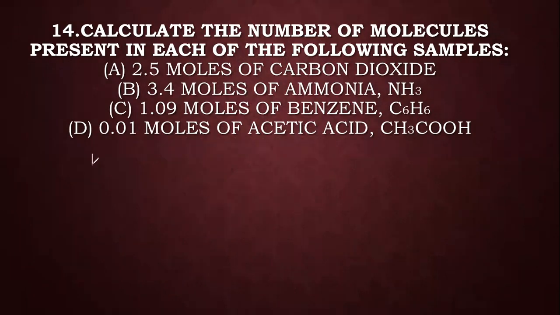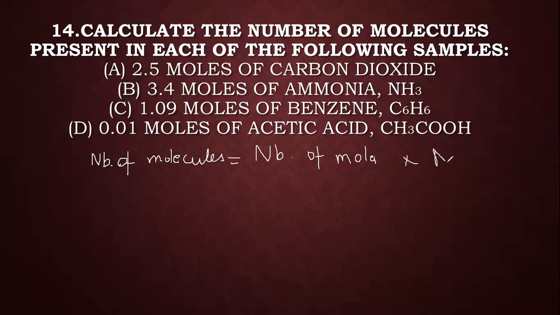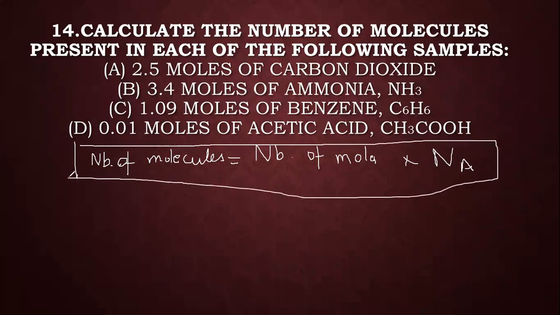As we know, the number of molecules must be equal to number of moles multiplied by Avogadro number, Na. So it's the simplest one. We just have to multiply the number of moles with 6.02 into 10 to the power 23.